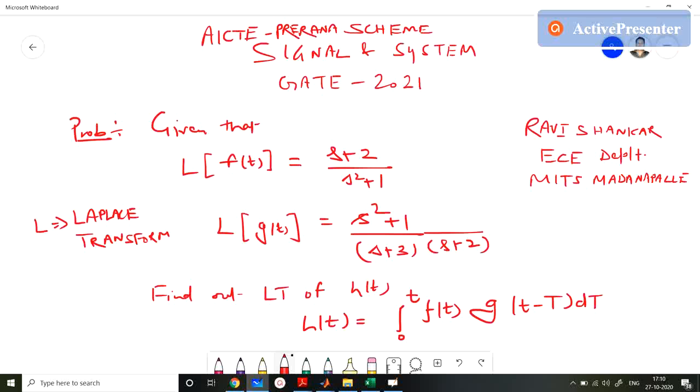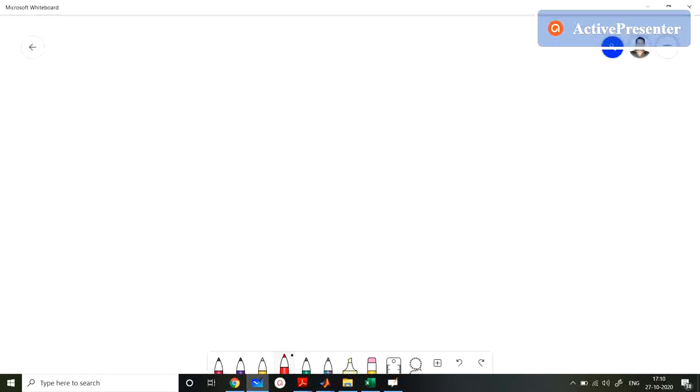And now what do we need to find out? We need to find out the Laplace transform of h(t). So let us do this problem.